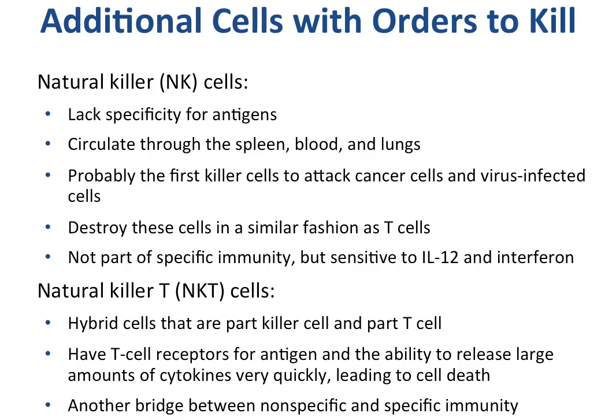Natural killer T cells are like hybrid cells. Those cells have the characteristics of both NK cells and T cells. So it is also considered a bridge between the non-specific and the specific immunity.